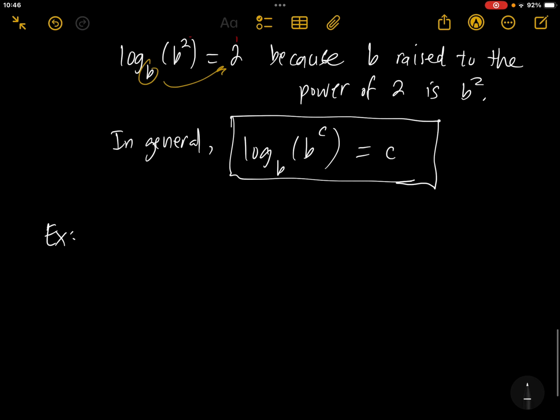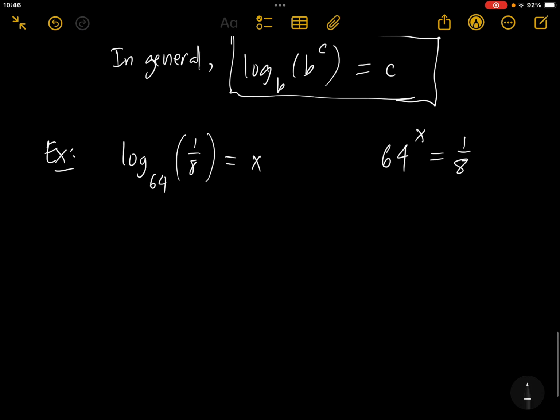Let's do another example. How about log base 64 of 1/8? We'll take a moment and try to figure this one out. So again, it helps to convert this into a statement about exponents. So let's call it x, and let's rewrite this in terms of exponents. So 64 to the x power is 1/8.